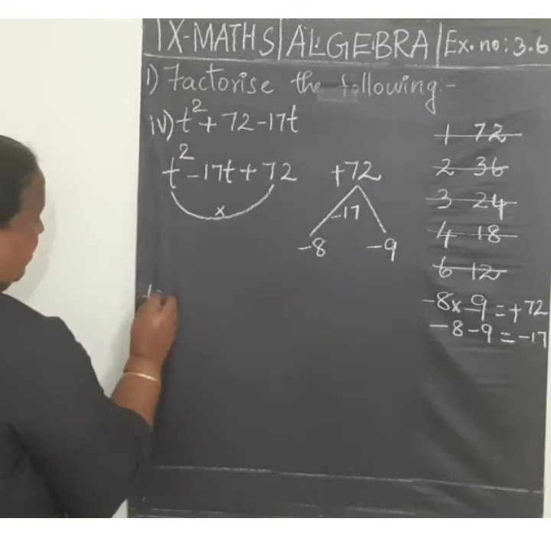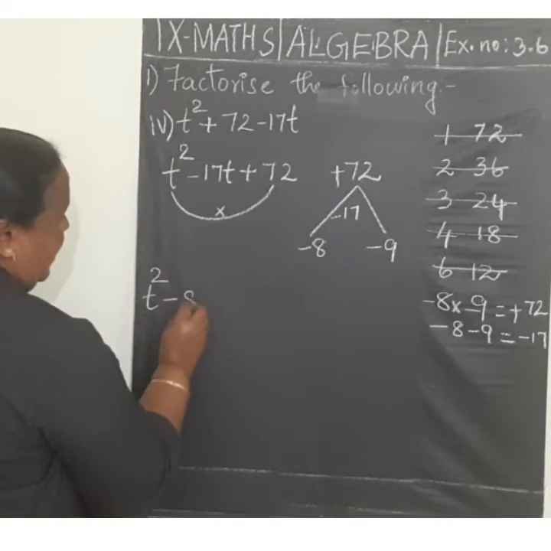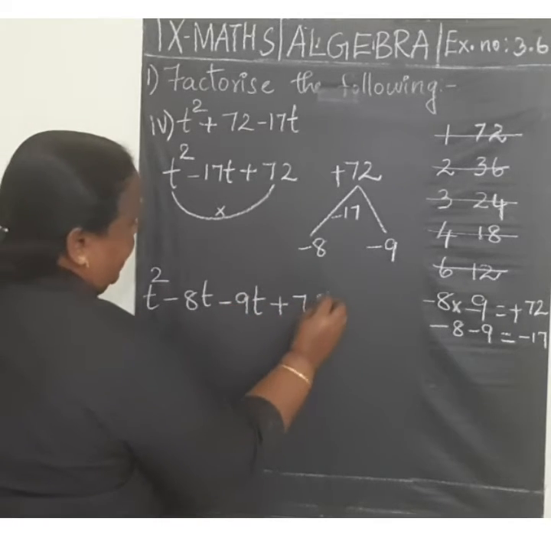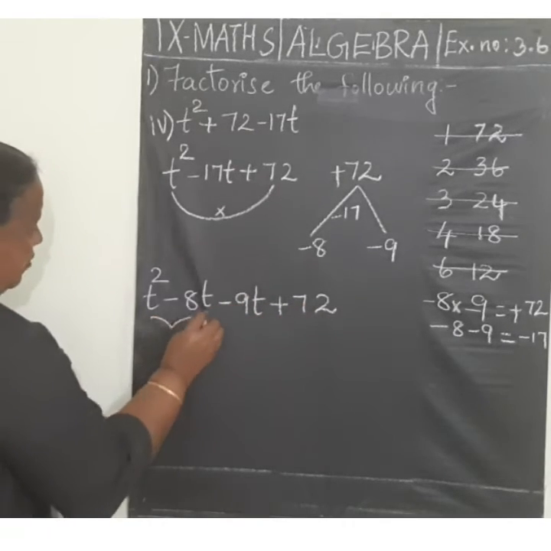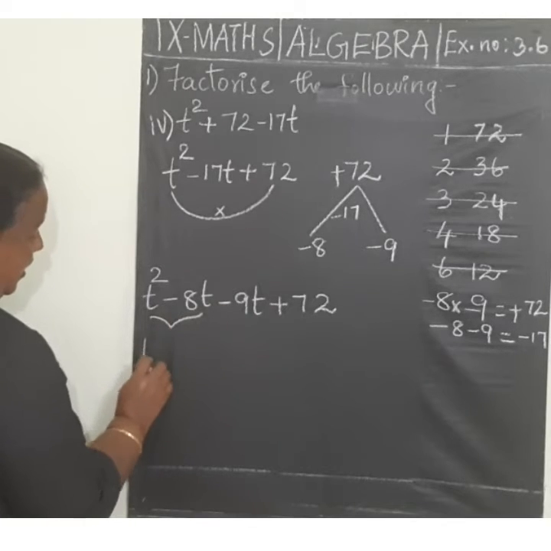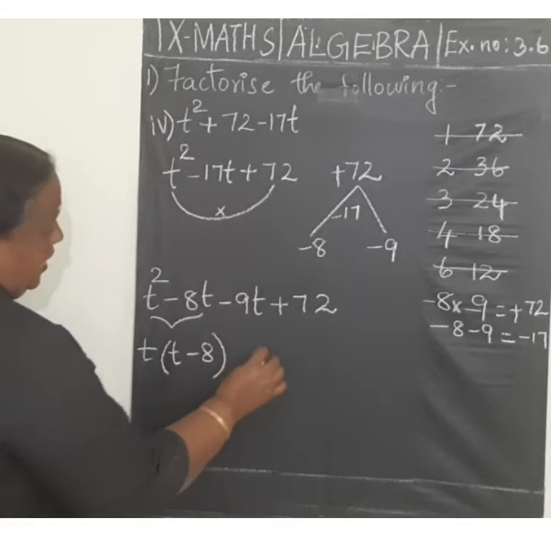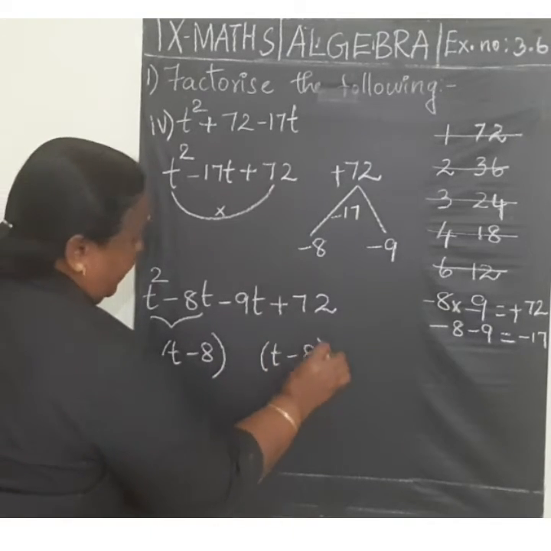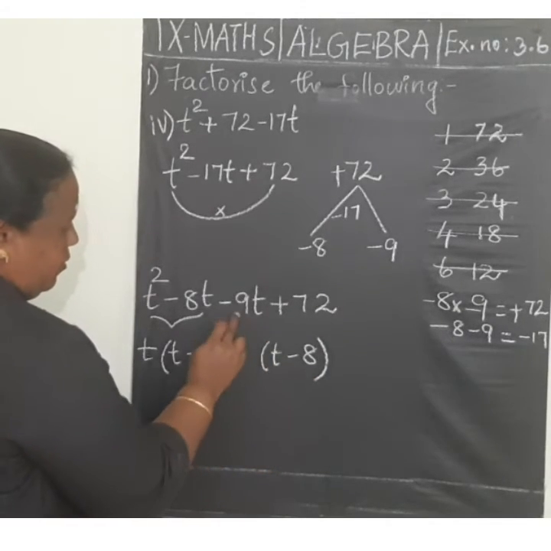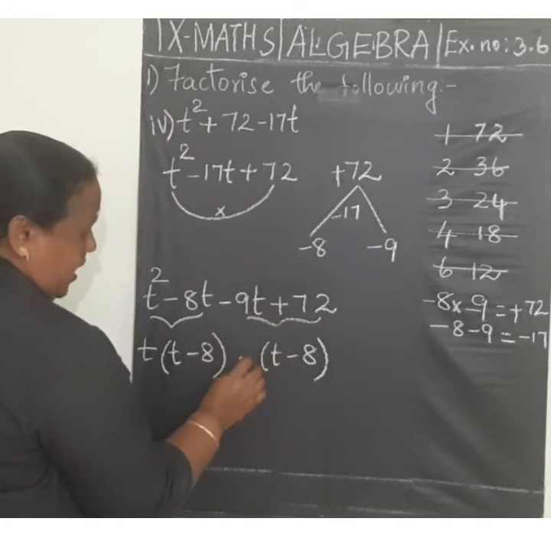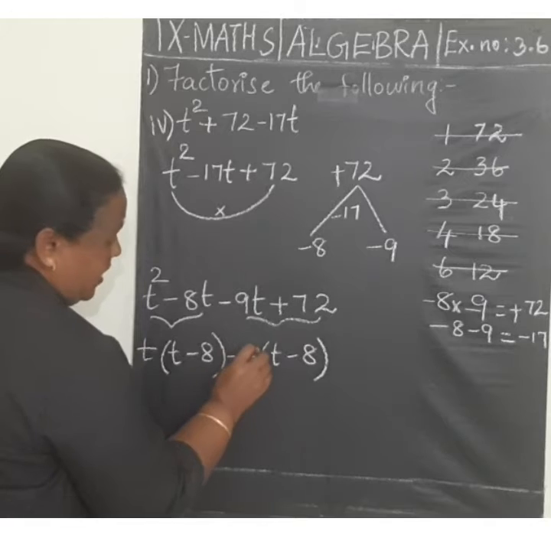Now t squared minus 8t minus 9t plus 72. Now take the first two terms. In these first two terms, t is common. We have taken t outside, so t minus 8. Here also we have to write t minus 8. Next, for the next two terms we have to get minus 9t, so we put minus 9 here.